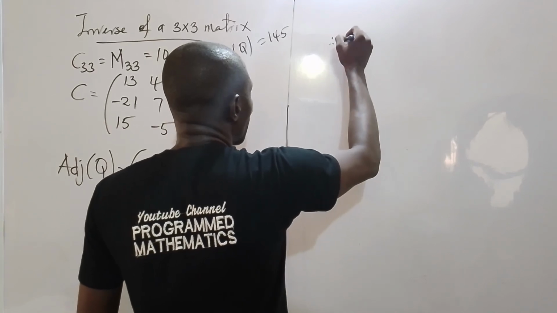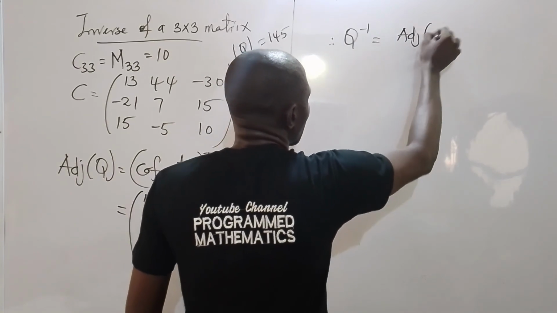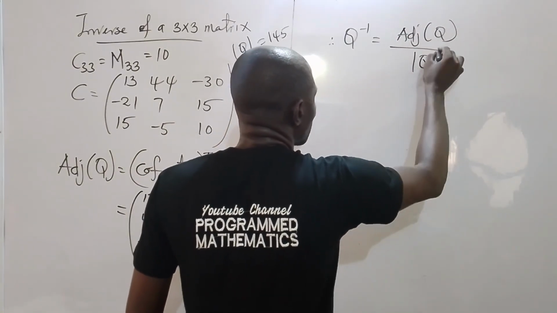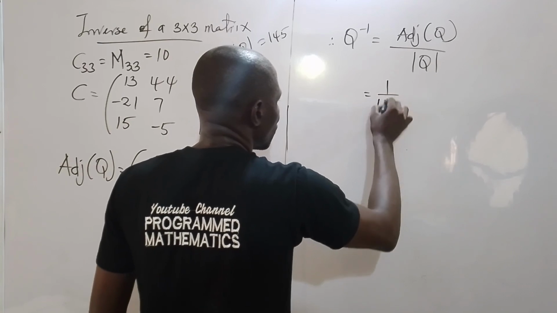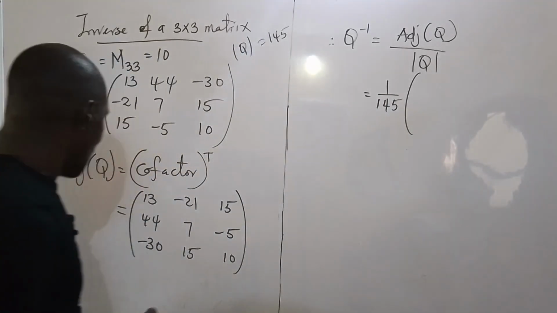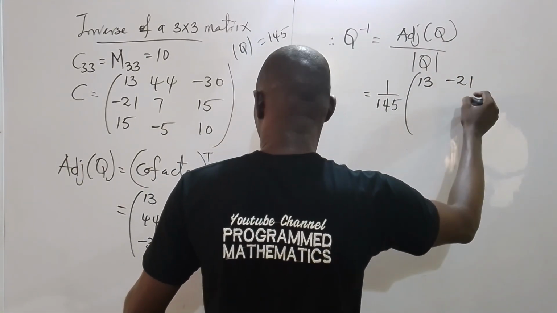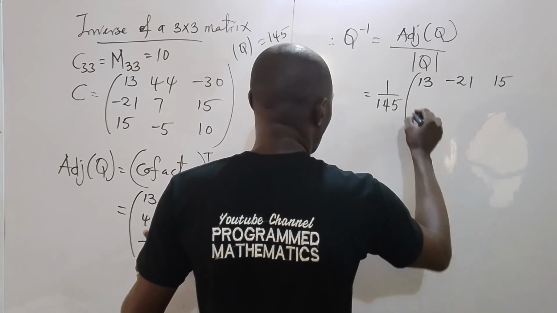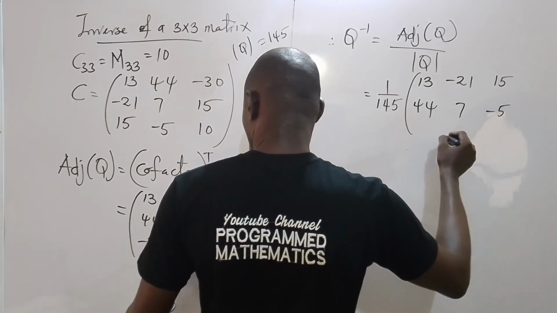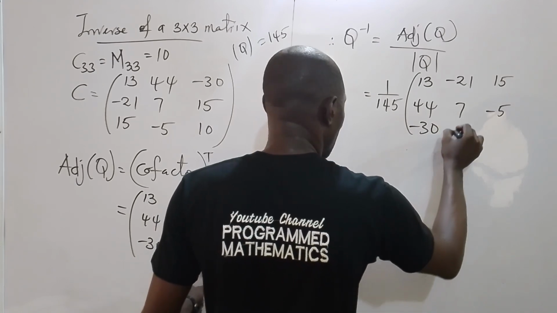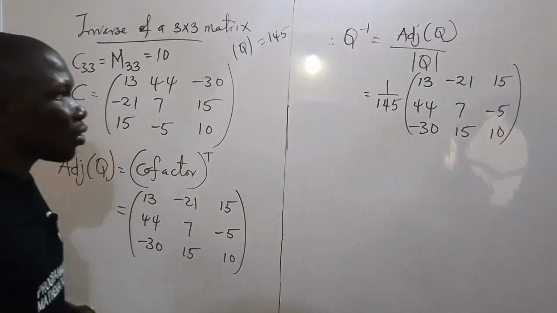So Q inverse is equal to the adjoint of matrix Q divided by the determinant of matrix Q. The determinant is 145, so 1 over 145 times the adjoint, which is 13, minus 21, 15, then 44, 7, minus 5, minus 30, 15, and 10. So this gives us the inverse of matrix Q.